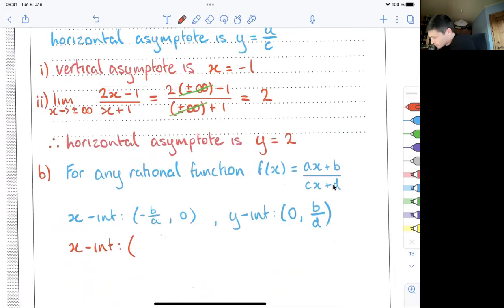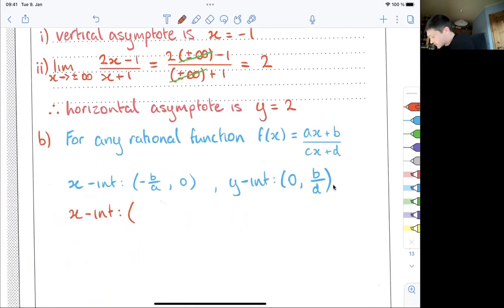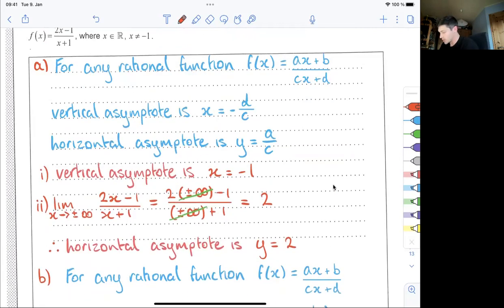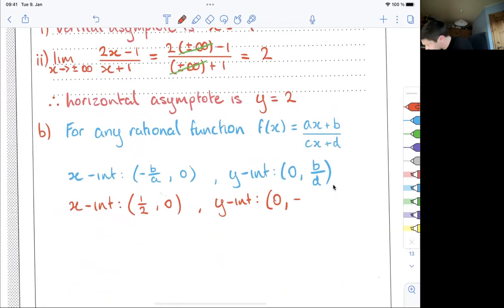No, sorry, because we've already got -1, so it's just a half, comma 0. And the y-intercept is going to be 0, comma, and then b over d, which is -1 over d, which was 1, which is just -1. All right, cool. So there we have our x-intercept and y-intercept.